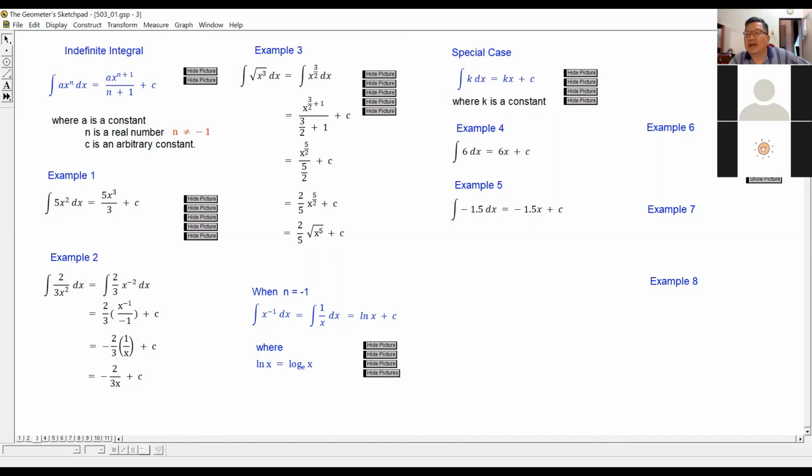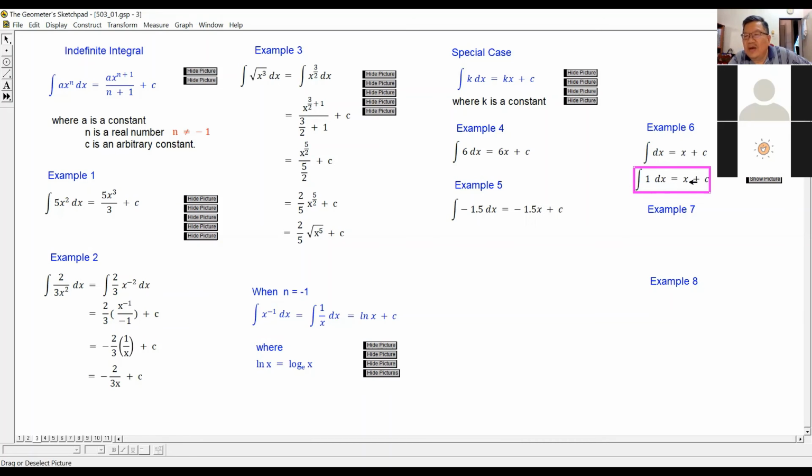Another example. The other day I told you integrate dx is what? There's no number here either. No number means the number is 1. They are not going to tell you, hey, no number means the number is 1. So you have to integrate 1 with respect to x.